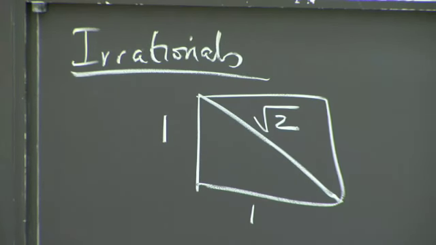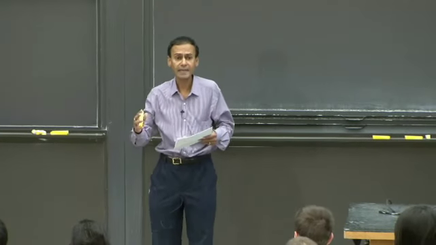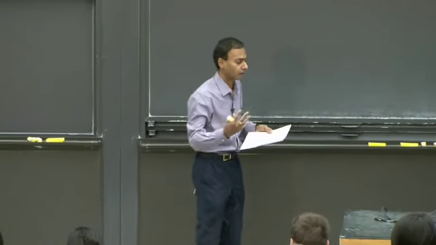So you can't really express the ratio as a rational number, as a ratio of integers. Right? Now, it turns out that the Babylonians and the Indians knew this way before Pythagoras, but he gets credit for the Pythagoras theorem. And he was also a Greek philosopher.